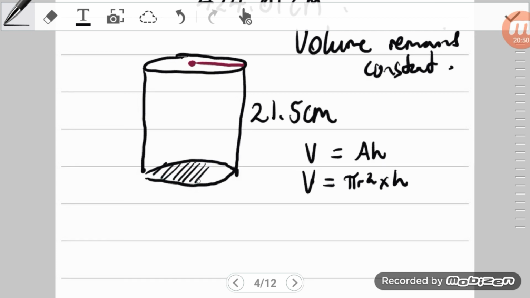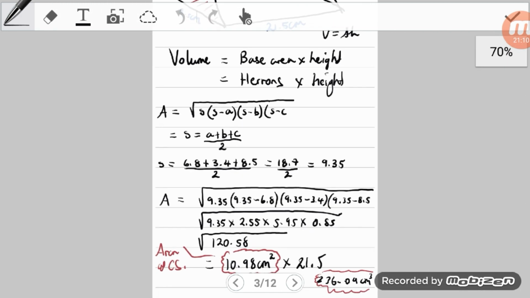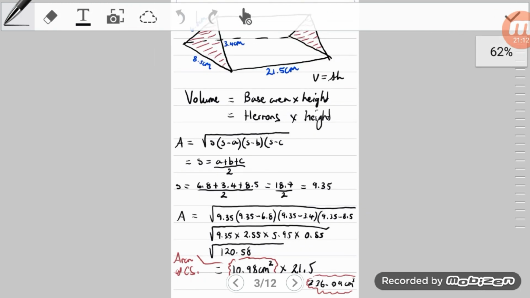All right, and as you can see here, we are looking for the radius, and in the formula you can see that there's an r that we're going to have to transpose and make the subject. We did say earlier that the volume remains constant. So if we go back over here and look at the volume that we had calculated, we said 236 point, I believe this was 236.09.